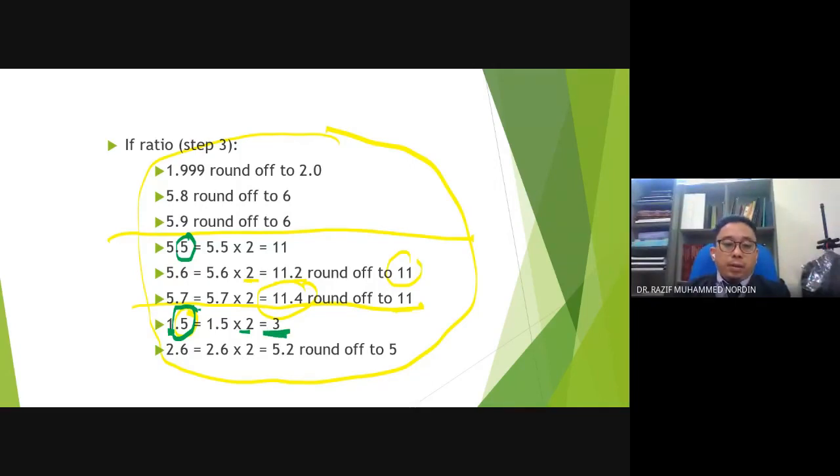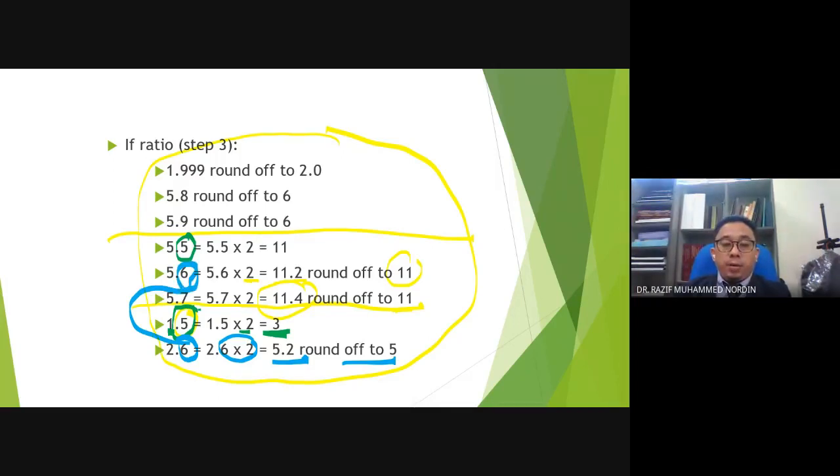Okay. And then 2.6, again still we times with 2, 5.2, round off dia, bulatkan dia, dia akan dapat 5, just like yang ini.